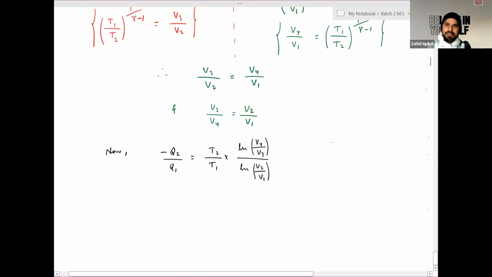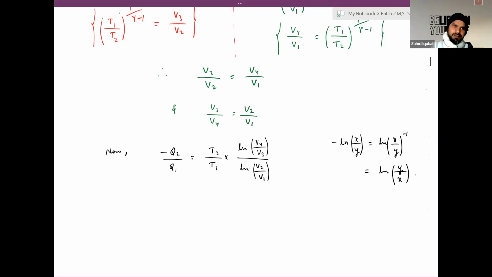If you have minus of ln x divided by y, this minus will go to the exponent of this x. So you may write x divided by y to the power minus 1. It means the exponent gets multiplied with the coefficient in terms of log. Now this exponent transforms the fraction, so you may write this expression as y by x.